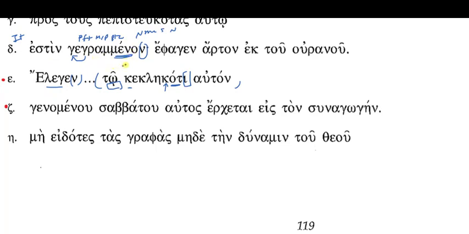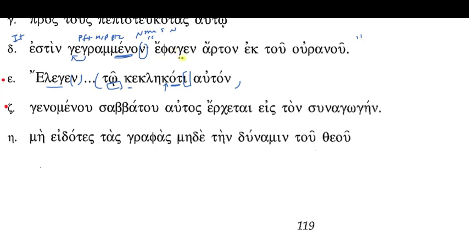Or it is having been written, but written sounds better, right? Some people might want to translate it as it stands written. Whatever the case, this is introducing a quotation, and then we have ephagen arton ek tu uranu.